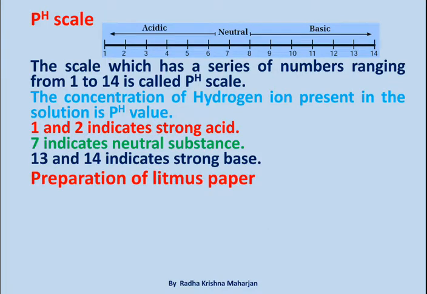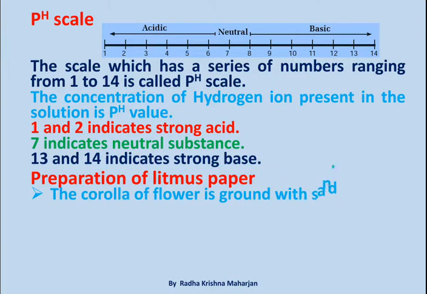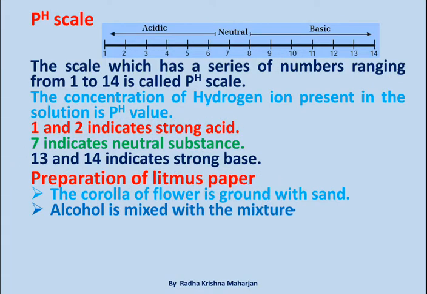Preparation of litmus paper. The corolla of flower is ground with sand. Alcohol is mixed with the mixture.